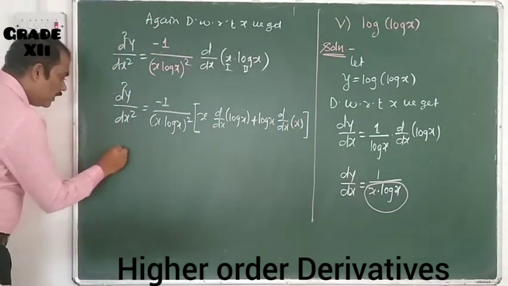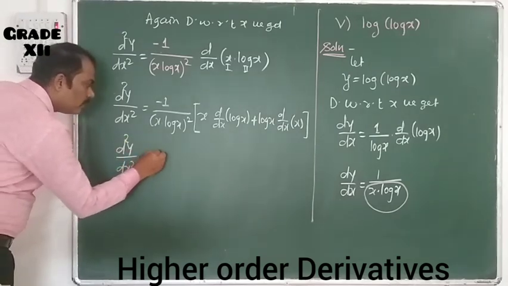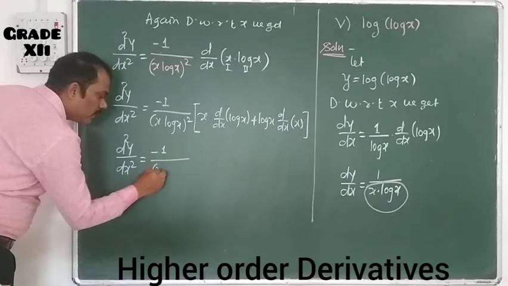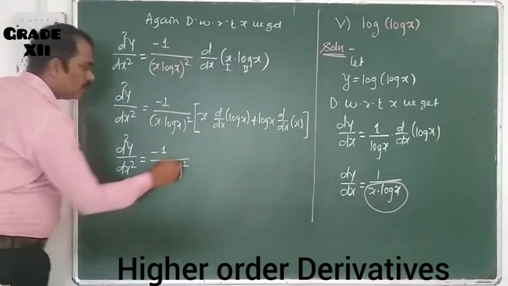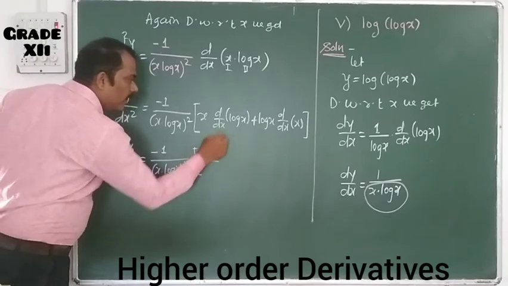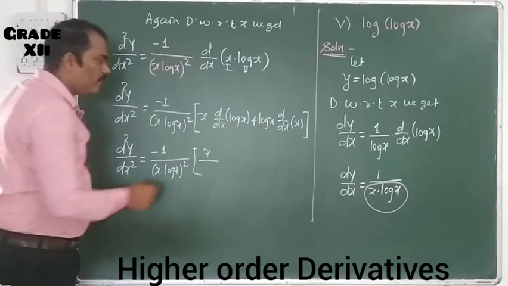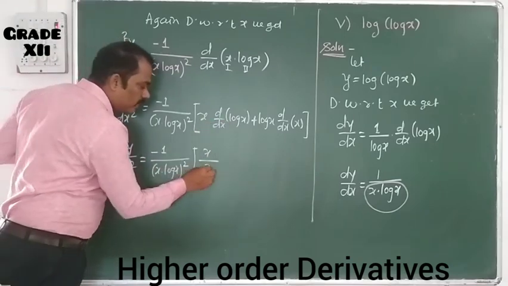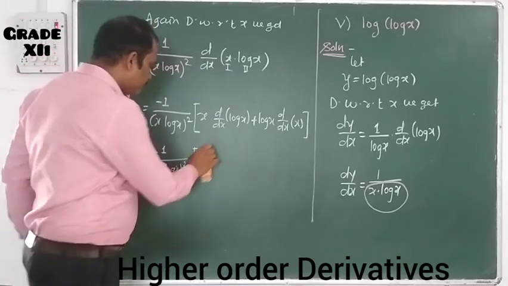So d2y/dx square is equal to minus 1 upon x into log of x bracket square into x into, what is the derivative of log x? It is nothing but 1 upon x, 1 upon x into x, that is x divided by x, plus log x into 1. We have to write it like this.